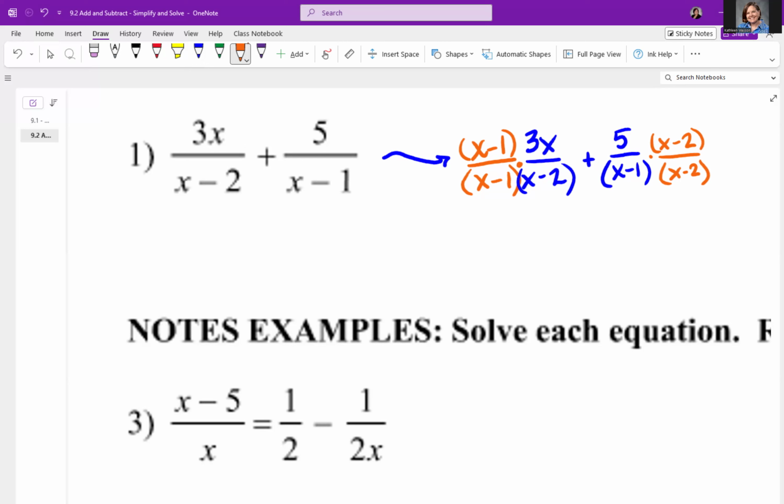We'll distribute the polynomials in the numerators. So 3x I multiply times x and times -1, and 5 I multiply times x and times -2. But now when I do that and I start to combine these, I can write it as one fraction because the denominators match.